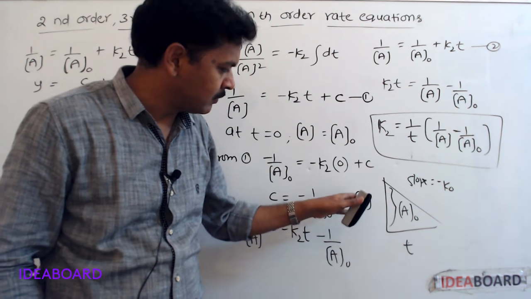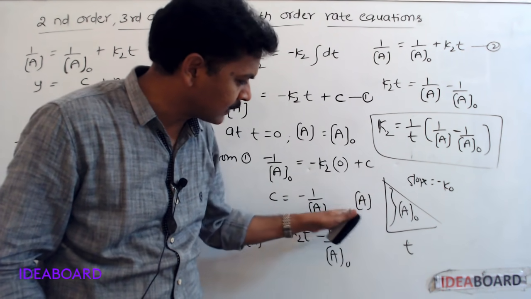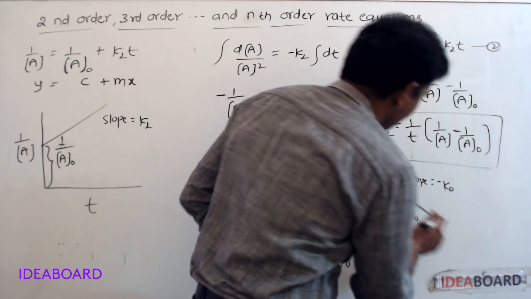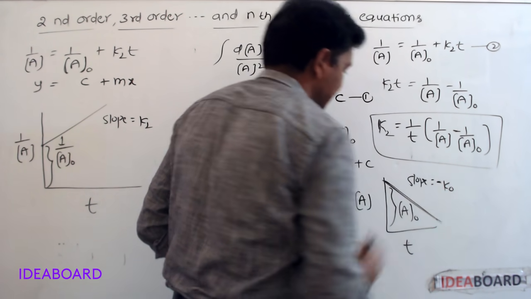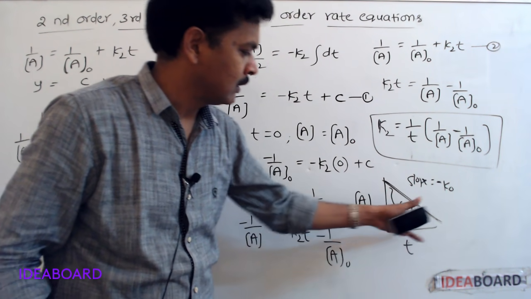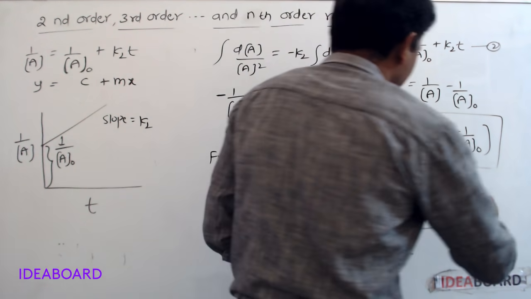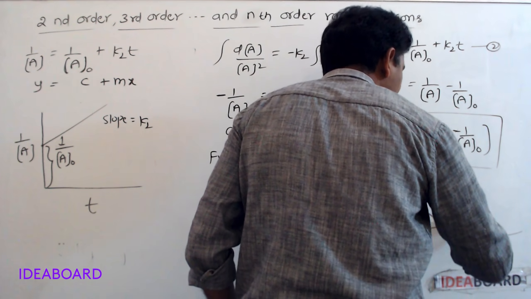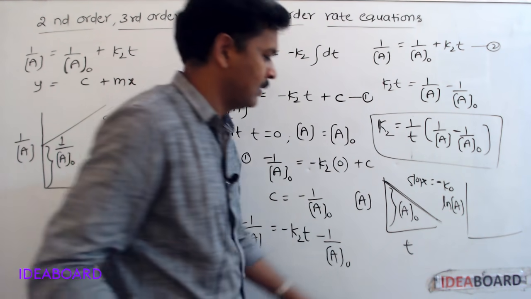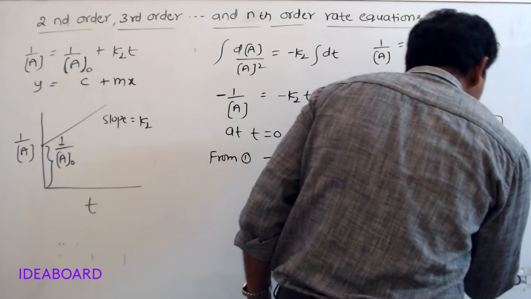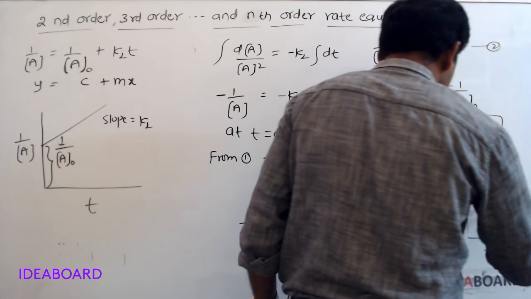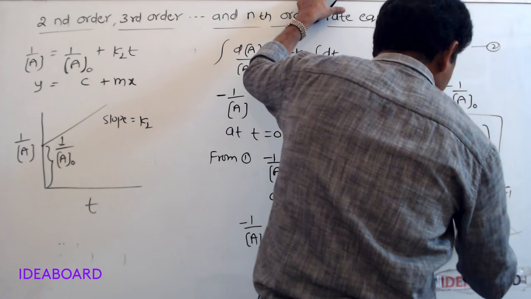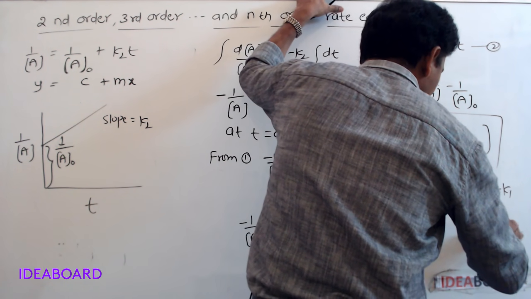A straight line is obtained, its slope is negative, minus k naught. Here y-intercept is A naught. In first order reactions, when a graph is plotted between ln A and time, we get a straight line. Its slope is minus k1. This y-intercept is ln A naught.